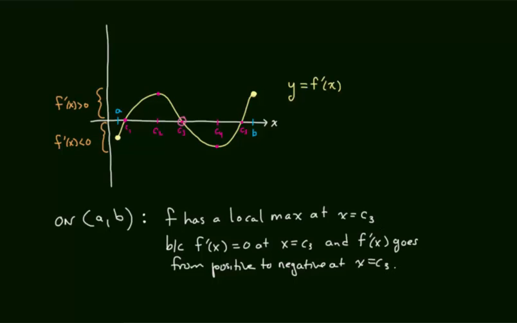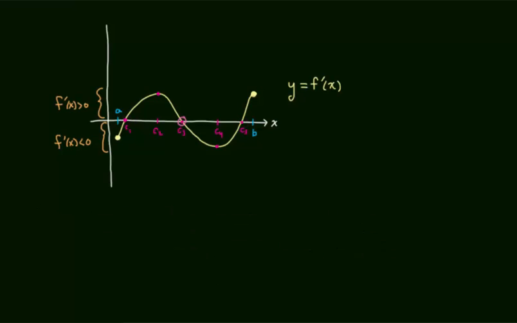So when the derivative goes from positive to negative, we have a local max. And of course we would have local minimums where the derivative goes from negative to positive. So at C1 and C5 as shown here.